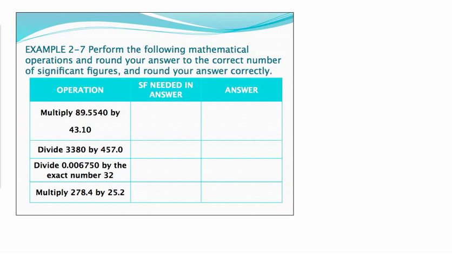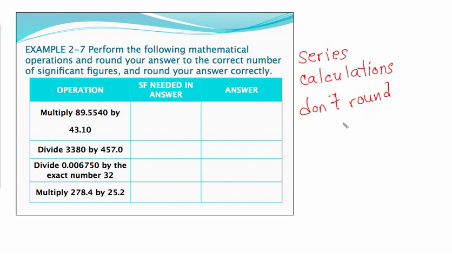We're going to perform these mathematical operations and we want to round our answer correctly. Now, if you have a series of calculations as we're working up to, right now there's only 2 numbers there, but if we have a series of calculations, don't round until the end, because every time you round, you're pulling your answer a little bit further away from what should be the true final answer.